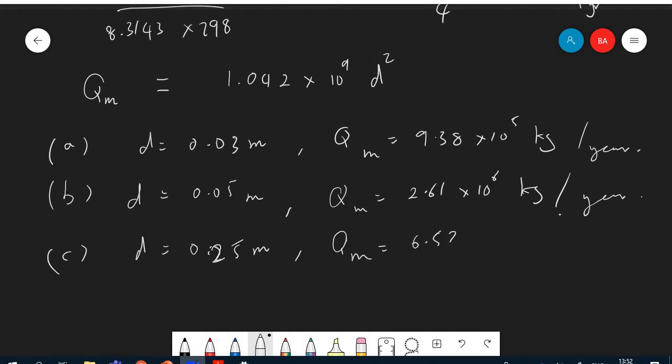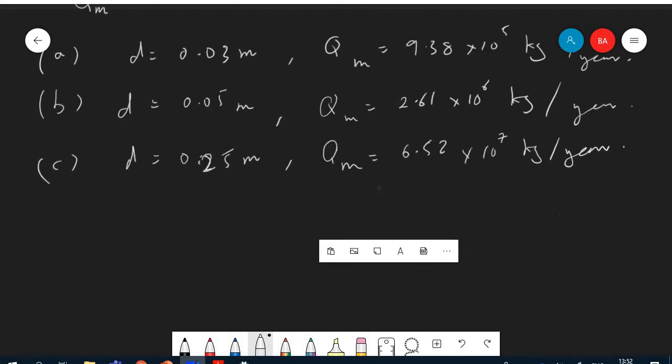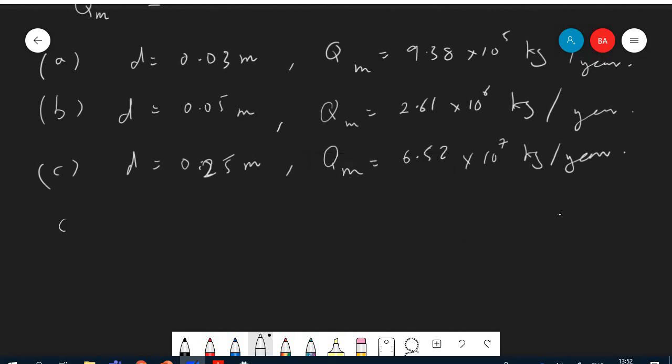It would be 6.52 times 10 to the power 7 kilograms per year. If I use a bigger diameter of 0.5 meters, the mass flow rate is going to be 2.61 times 10 to the power 8 kilograms per year.